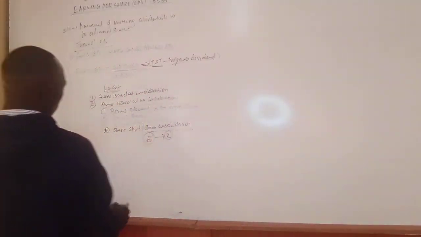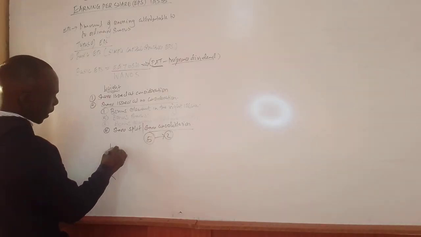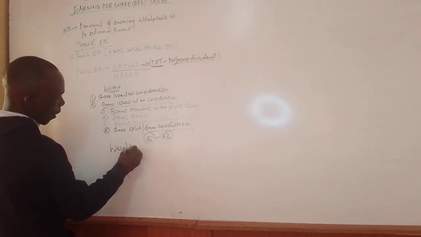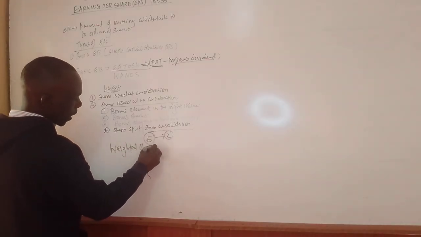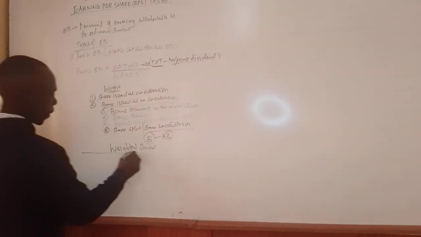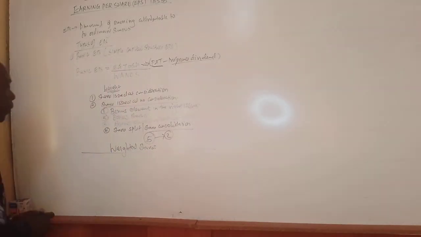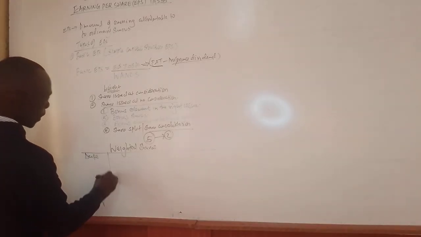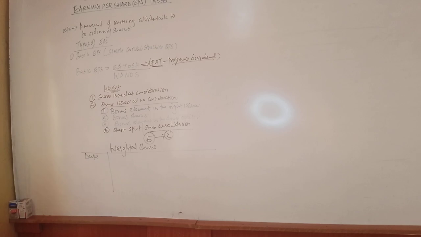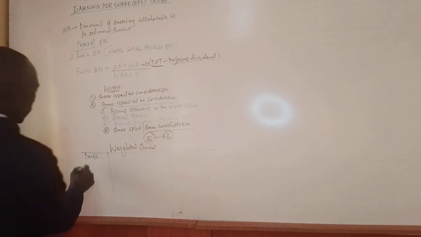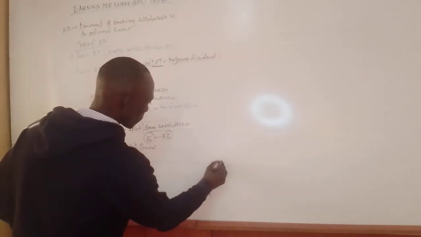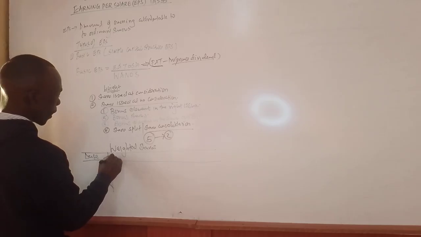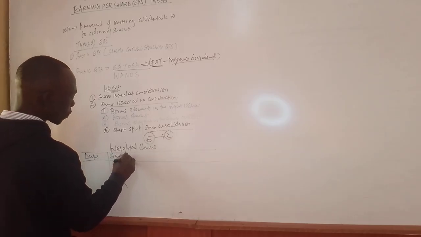So when we will be calculating the weighted shares, we normally have a table for us to come up with the weighted shares. So this is the table. The table is going to have the date. Remember, the date must be in chronological order. Then from the date, we will have what we call the share transaction.